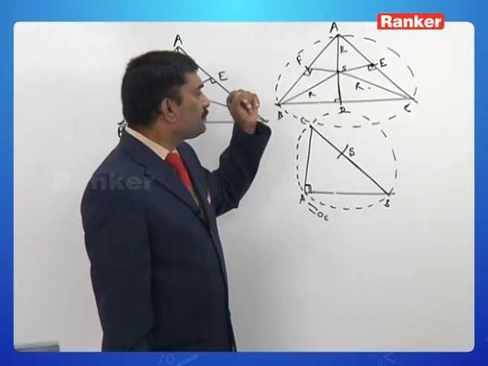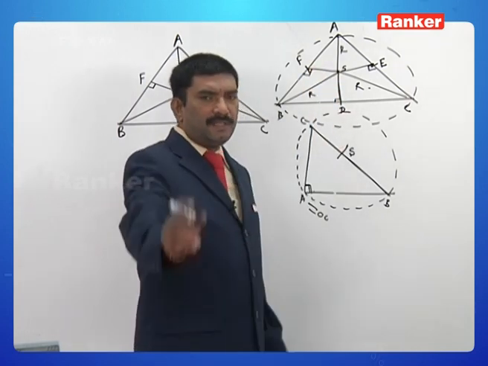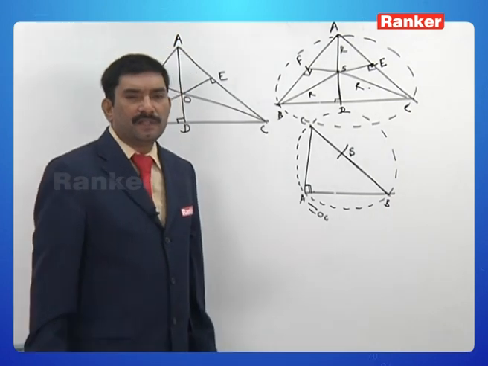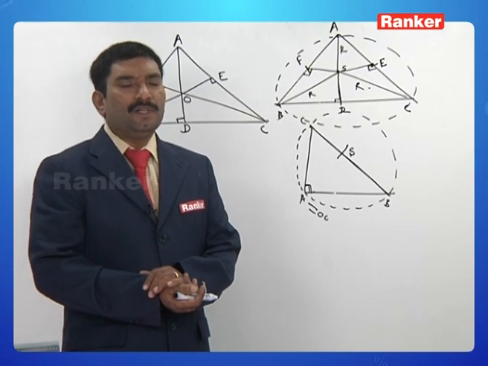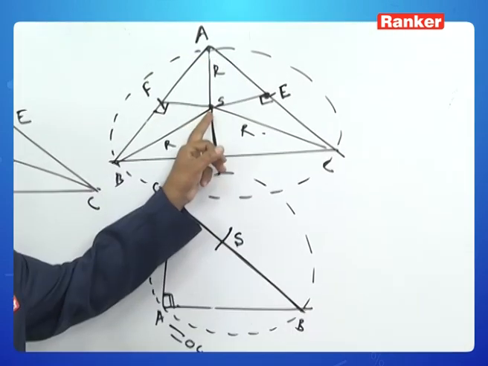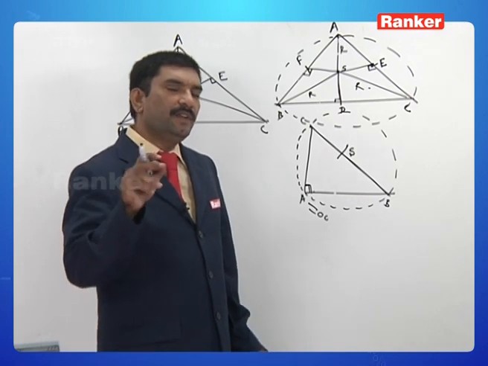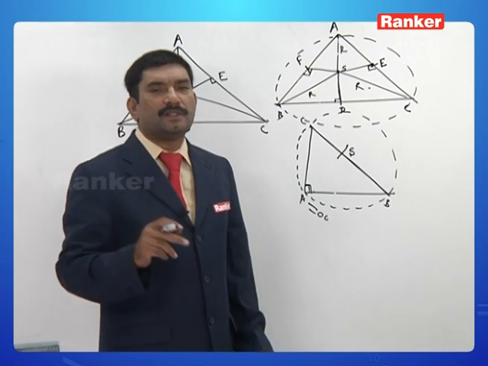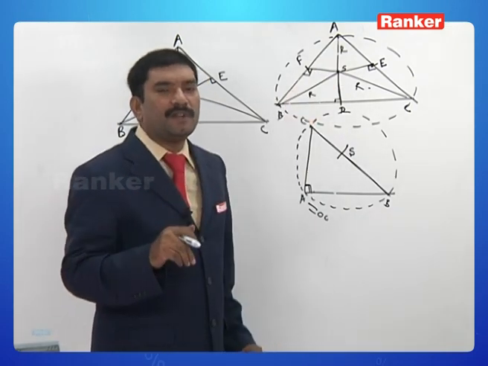Now this circumcenter is the point equidistant to the 3 points A, B, C, whereas the incenter is equidistant to the 3 sides. Circumcenter is equidistant to the 3 points, meaning 3 vertices.